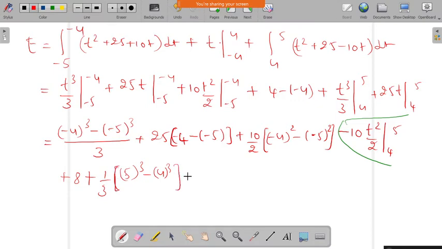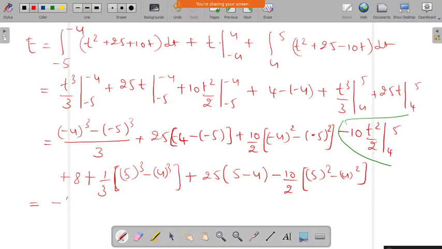Again plus 25 into 5 minus 4, minus 10 by 2 into t square, it is 5 square minus 4 square. So this is the value, and you can substitute and evaluate these values.